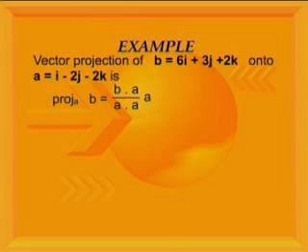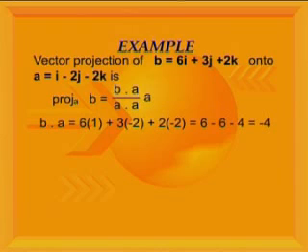I have stated the rule or the formula for this: find B dot A and A dot A. So B dot A will be 6 into 1 plus 3 into minus 2 plus 2 into minus 2, which is equal to 6 minus 4 minus 4, which is equal to minus 4.